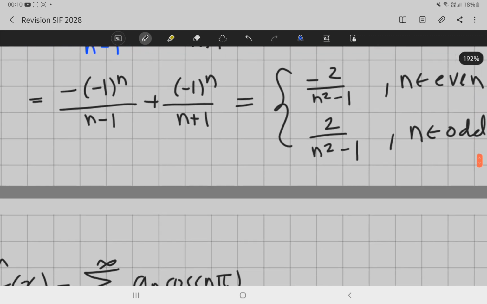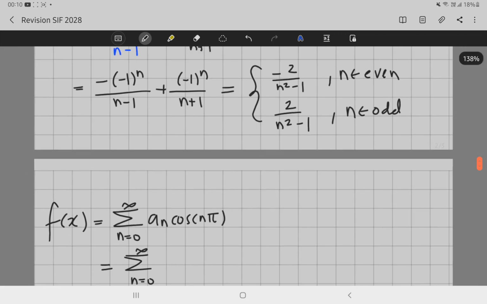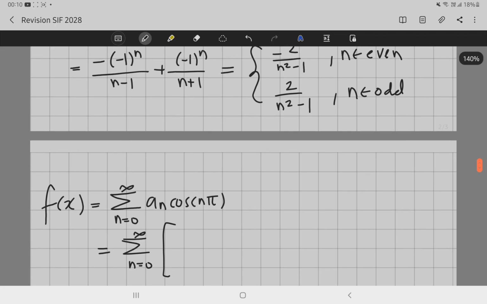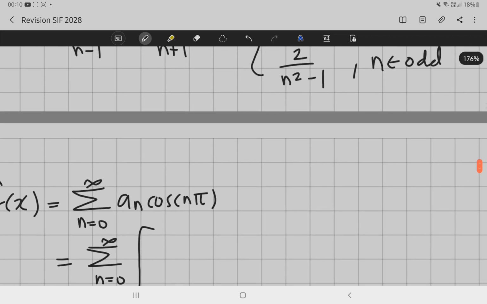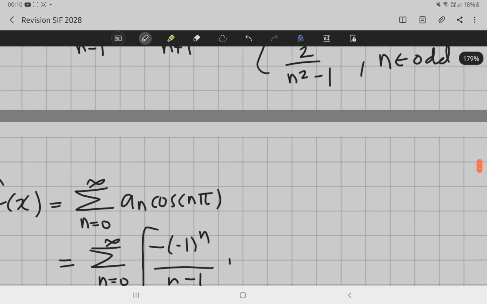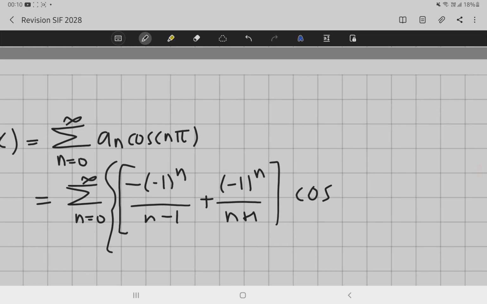So an is, we have two possibilities, odd and even. So minus 1 to the n minus 1 plus minus 1 to the n plus 1, cosine nx.